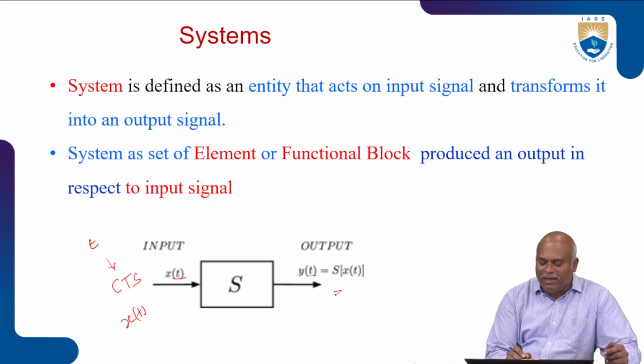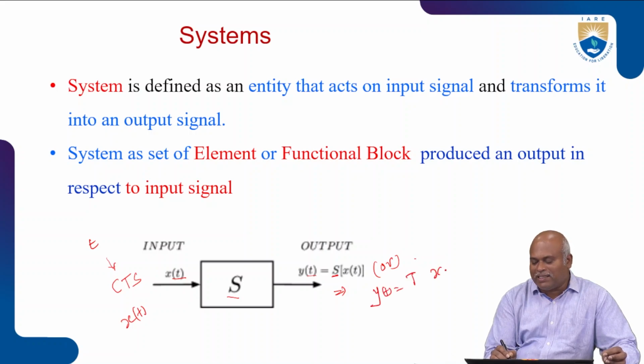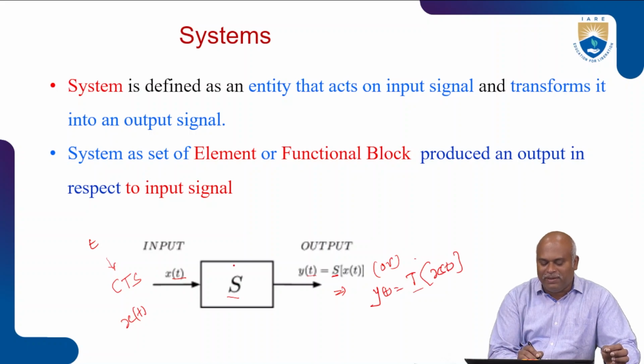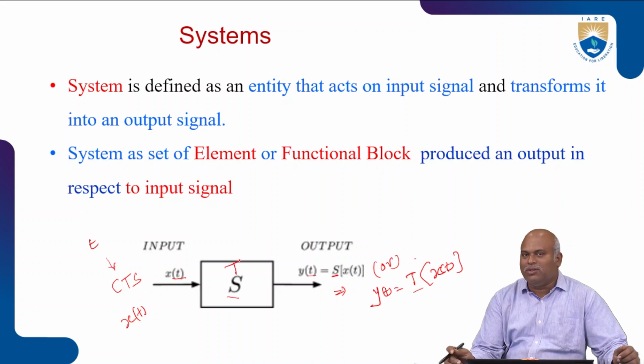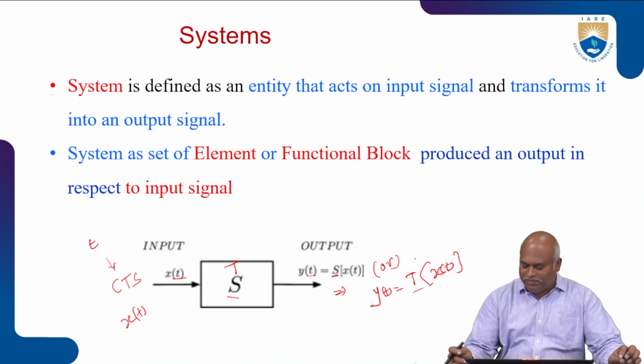We write the system function as y of t is equal to T of x of t. Here, instead of S we may use the capital letter T also. This is represented as a system.